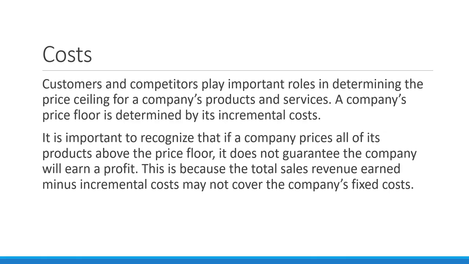Our price floor is determined by our costs. So if we price all of our products above the price floor, we don't guarantee that we're going to earn a profit. We want to make sure that we price in such a way that customers are still going to purchase our products. There are multiple different ways to price.